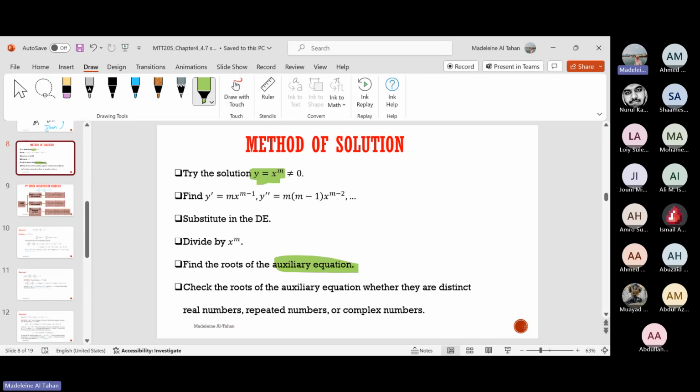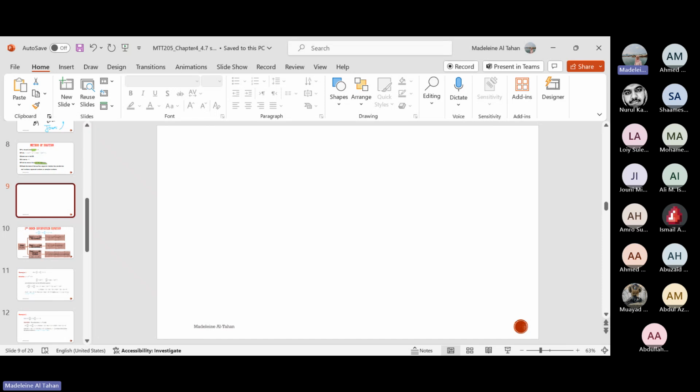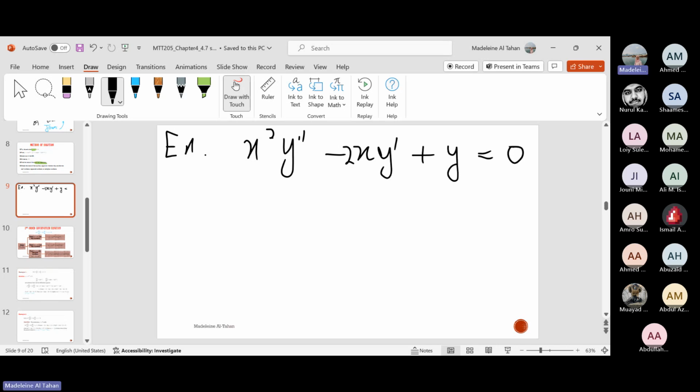Okay, I will give a direct example on this one, and then we will discuss the rules. Let's say that we have here x squared y double prime minus 2x y prime plus y equal to 0.